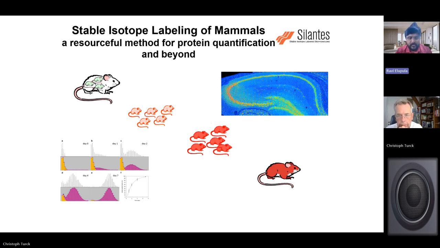Later on, he went on to work as faculty at various universities, including Ludwig Maximilian University in Munich, and he currently serves as a professor and director at the Chinese Academy of Sciences in the Kunming Institute of Zoology as well.